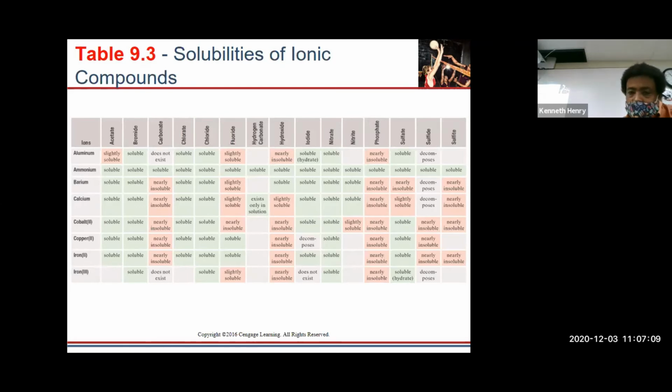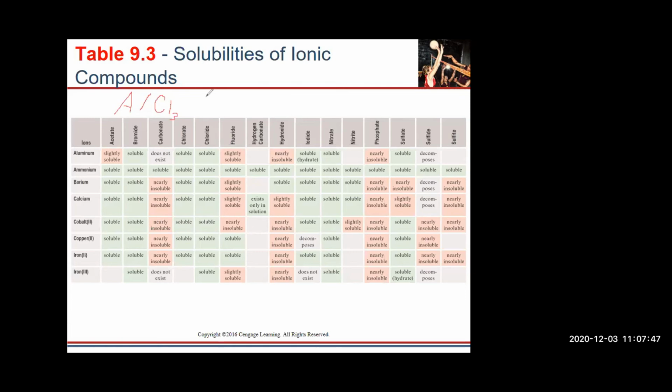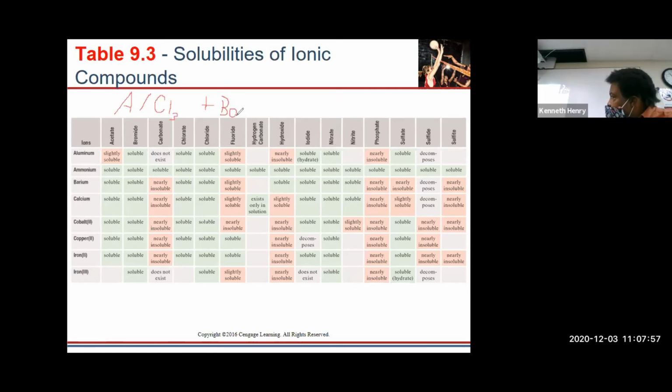If you take a look at this table, let's say we have aluminum chloride reacting with barium hydroxide.